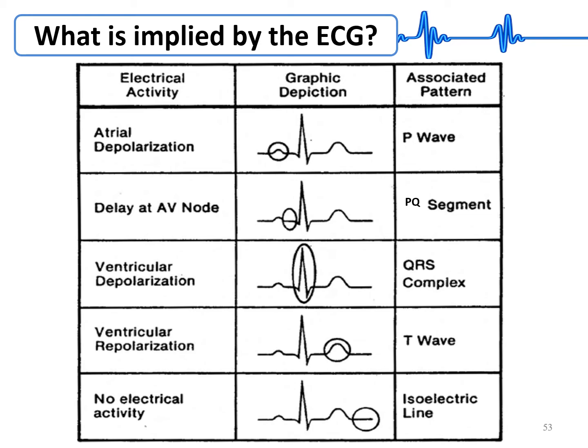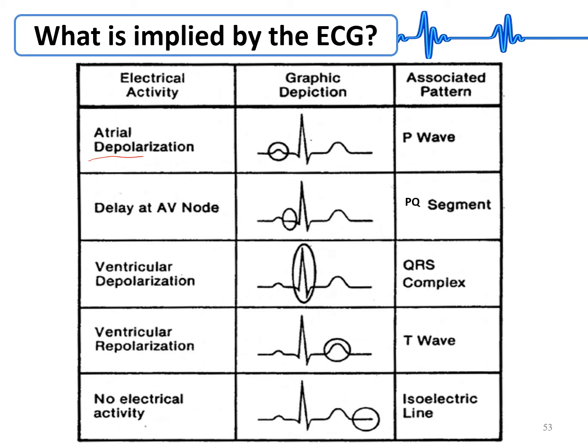Okay, to explain the waves based on impulse activity. This is the P wave, when the impulse is generated by the SA node and spreads through the atria. So the atria undergo contraction because the atria depolarize.